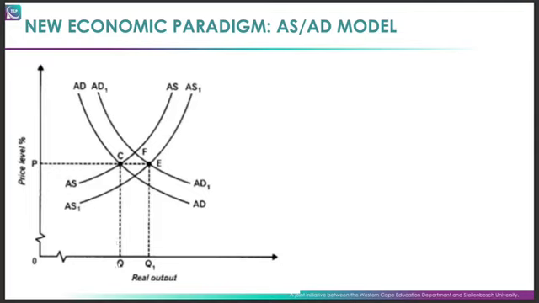So remember, what did we say? We're going to now implement policies in order to stimulate demand as well as stimulate supply. So what happens is, demand gets stimulated, which means demand increases from AD to AD1. We see the shift in that curve. From AD to AD1, the curve is displaced to the right, showing an increase in the demand. Nothing has happened to supply because, remember, supply takes its cue from demand.